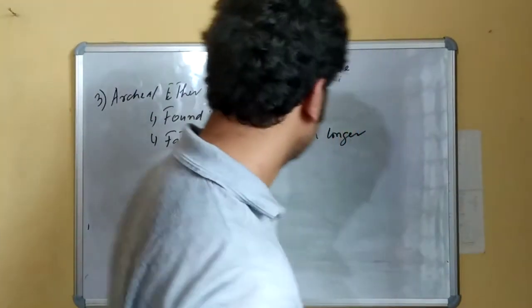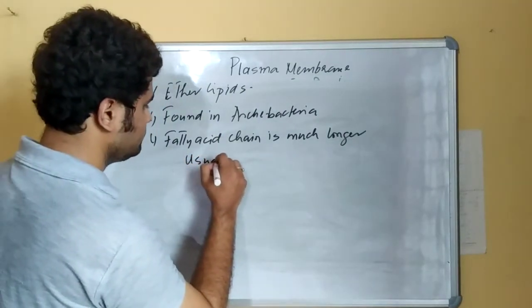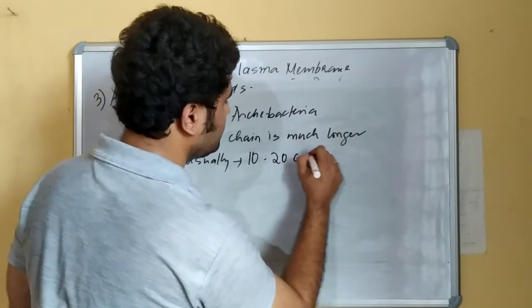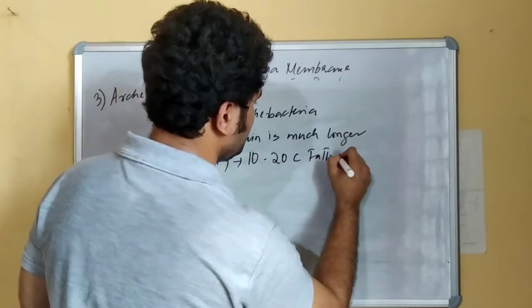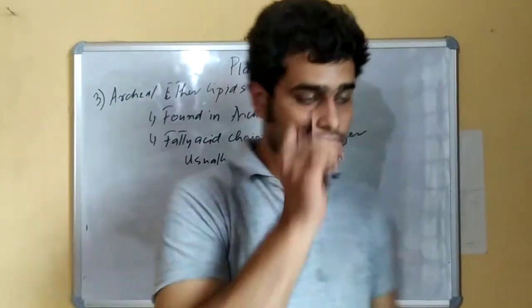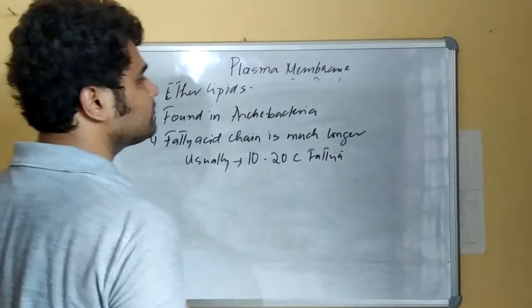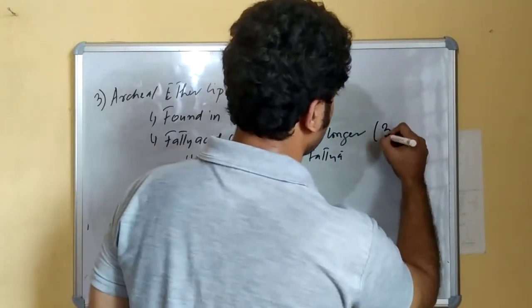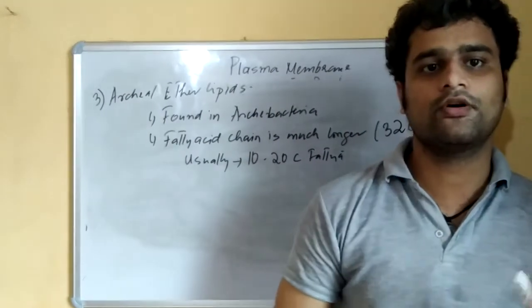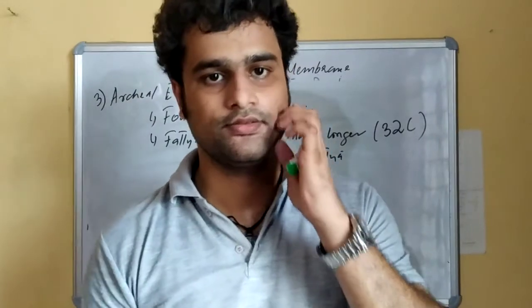Usually there are 10 to 20 carbon fatty acids. In our normal fatty acid chain, there are 10 to 20 carbons. But in case of archaeal ether lipids, there are approximately 32 carbon fatty acids, right?